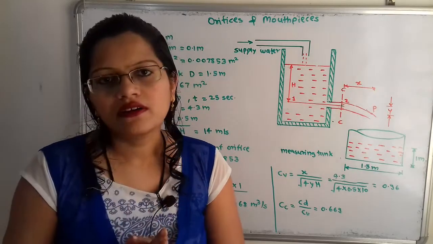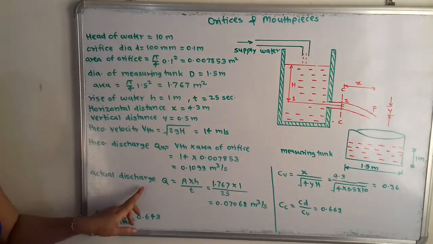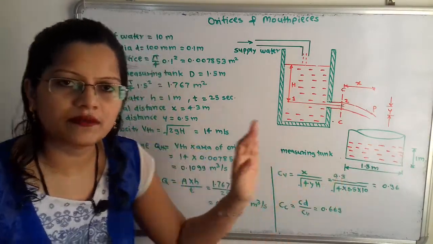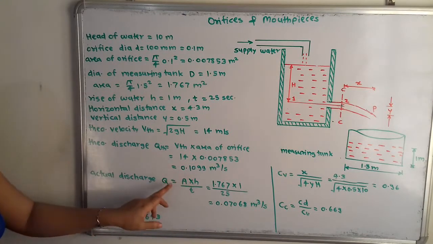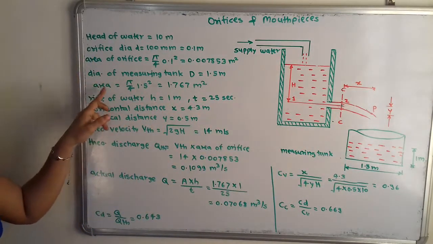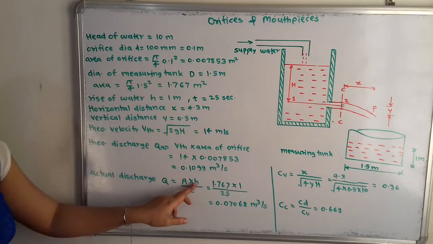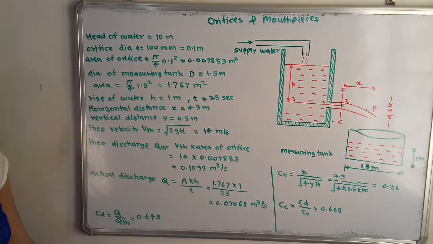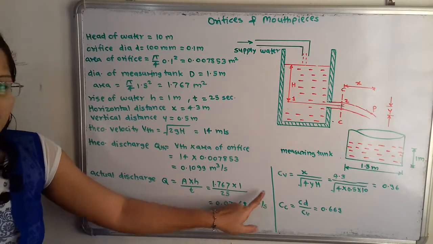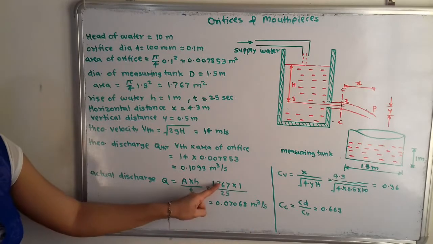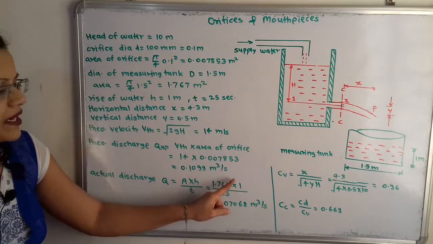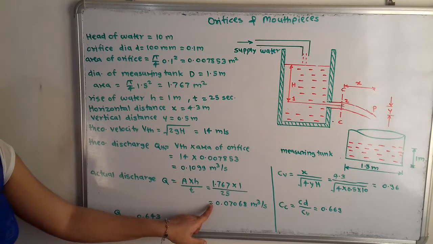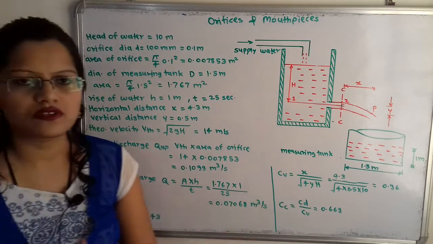So the actual discharge is area multiplied by height divided by time t: 1.767 multiplied by 1 meter, divided by 25 seconds. The unit is meter cube per second, because area in meter square multiplied by meter gives meter cube, per second. The answer is 0.07068 meter cube per second.